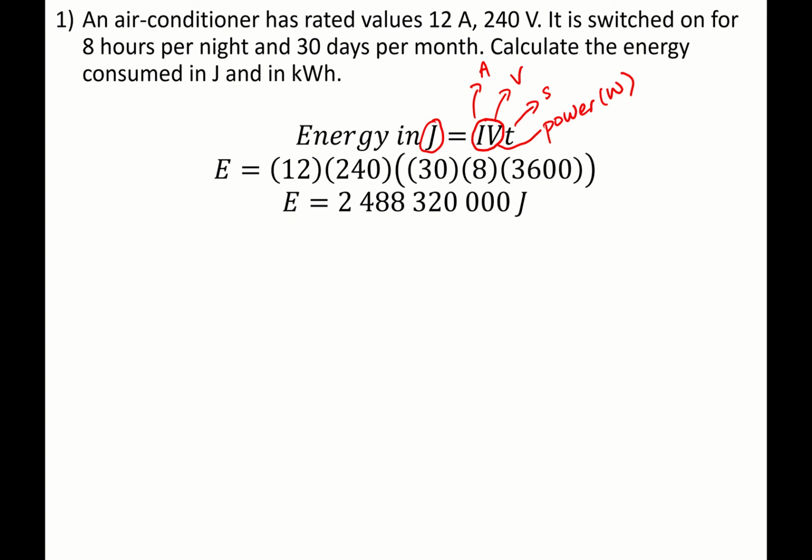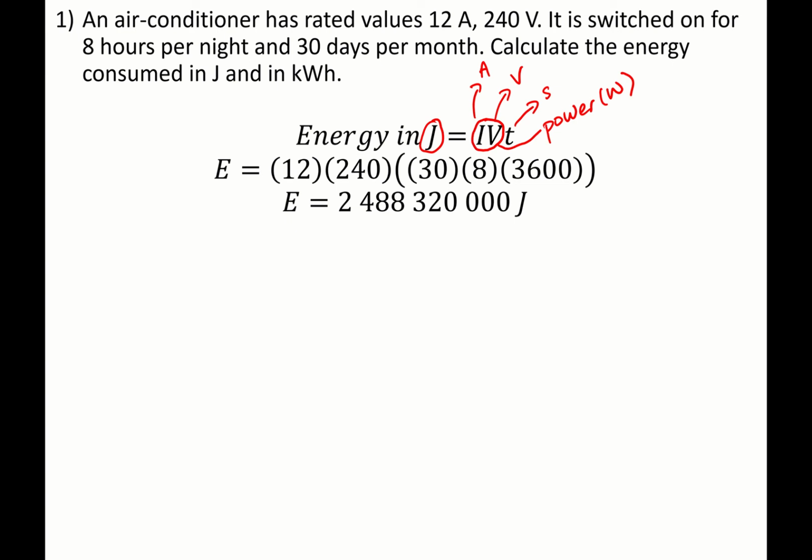So E equals IVT. You take current 12 ampere, plug it in, 240 volts, plug it in. Now time. 8 hours per night, 30 days per month. So you take 30 days times 8, and that gives you the total number of hours per month. But you need to calculate the time in seconds.